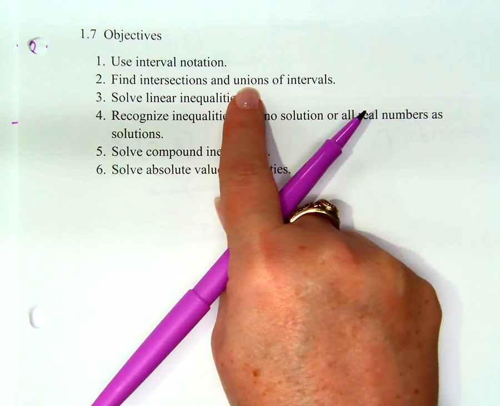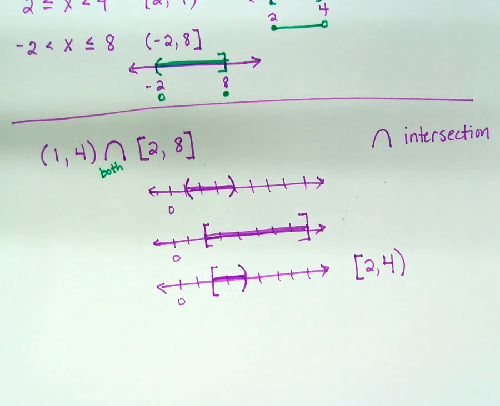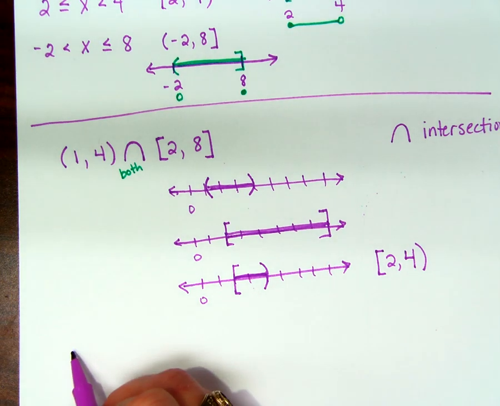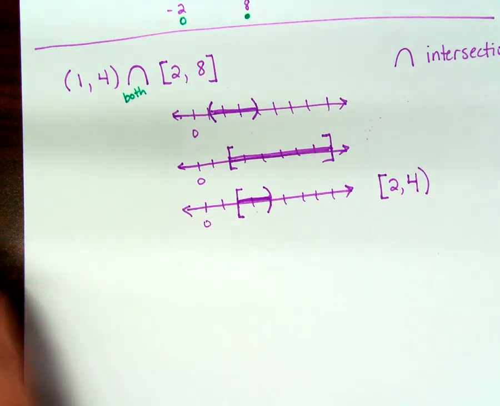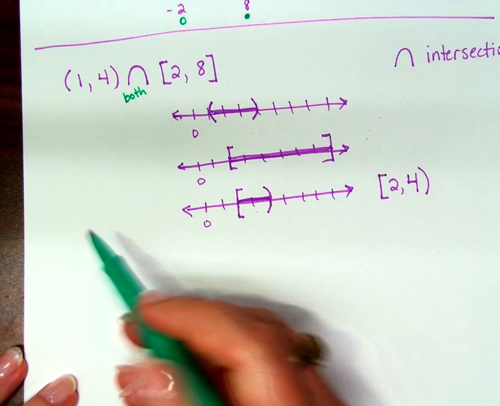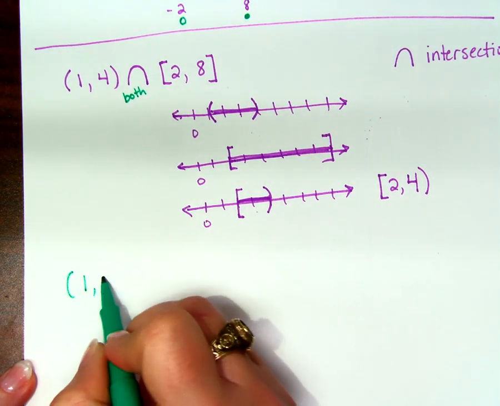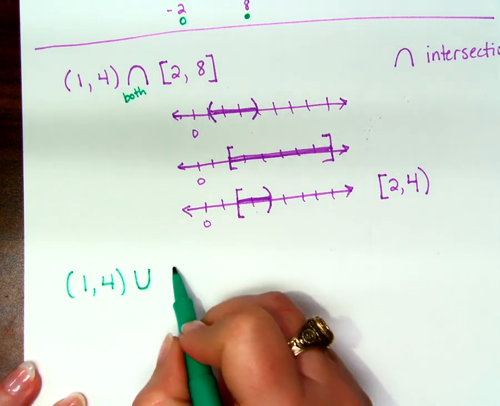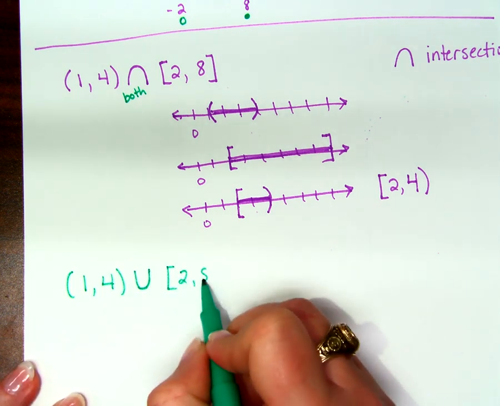Okay. Now let's talk about unions of intervals. And it looks like this. I'll do it in a different color because that's more fun. 1 to 4, union 2 to 8.